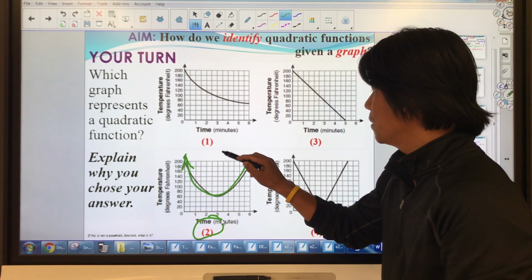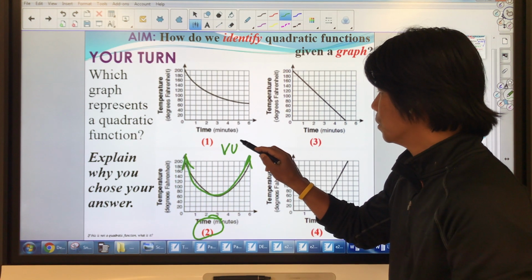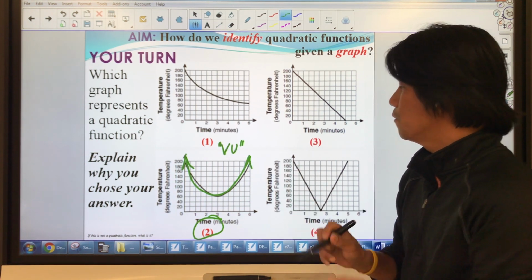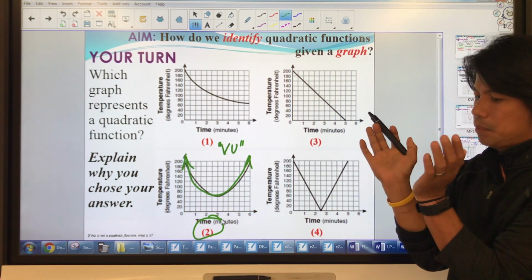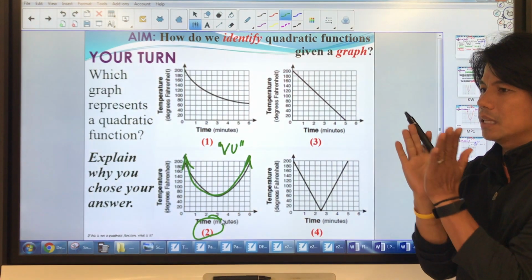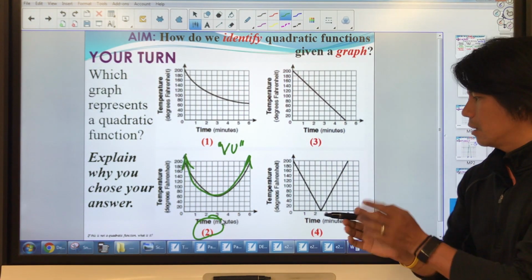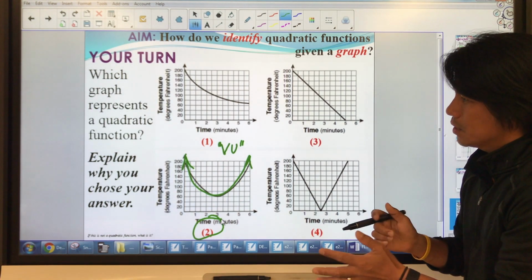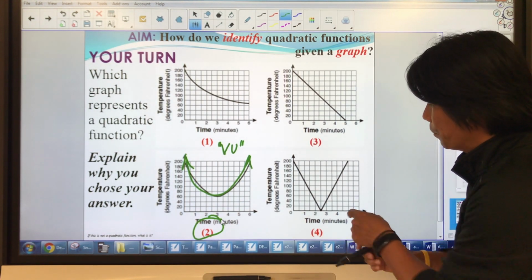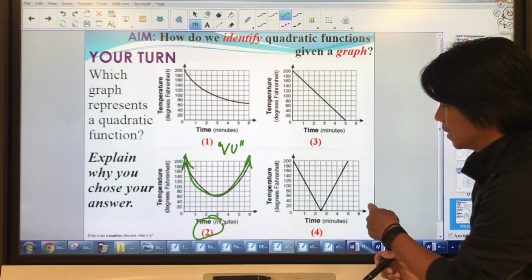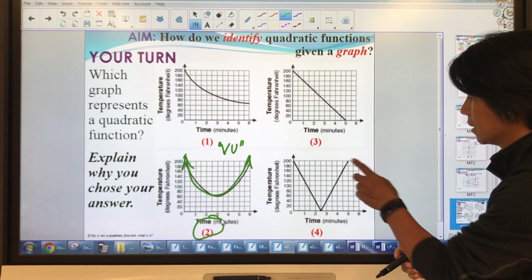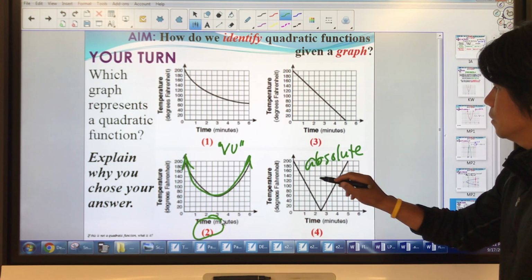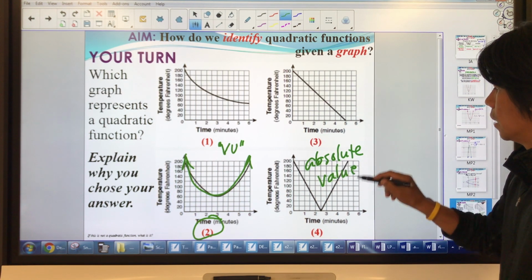Parabola is like a V and a U, a combination of V and U. It's pointed, but it's not straight up or straight down. This is straight up, all right? But the question is, what function is this? If this is not a quadratic, this is called absolute value function.